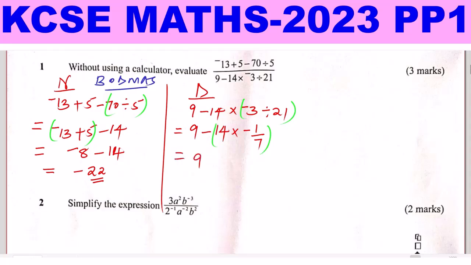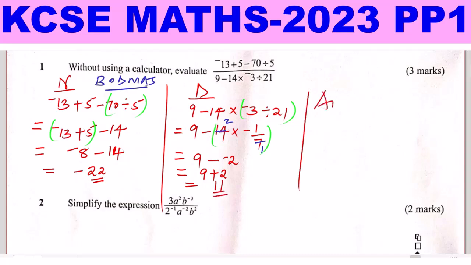When you multiply 14 times negative 1 over 7, you get negative 2. So 9 subtract negative 2 will be 9 plus 2, and this will give 11.